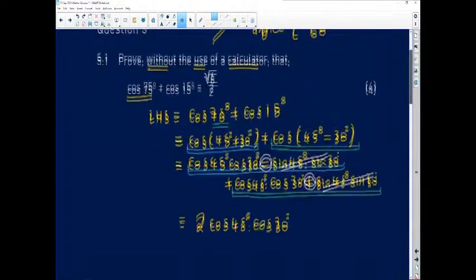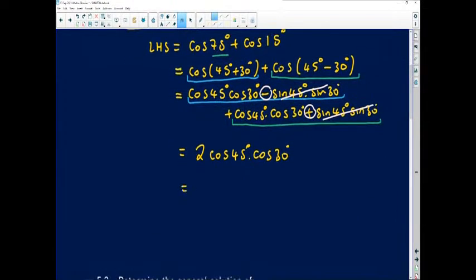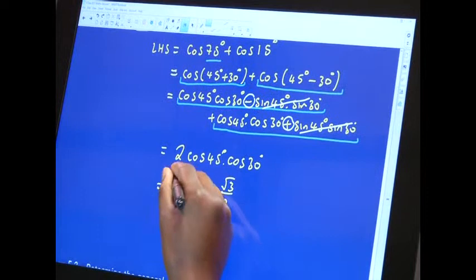Now, what do we know about those? Well, we know cos 45 is simply the square root of 2 over 2, multiplied by cos of 30, which is the square root of 3 over 2. And then you will see that the 2 cancels with the 2. They divide each other out.